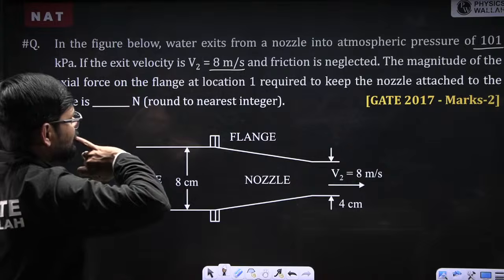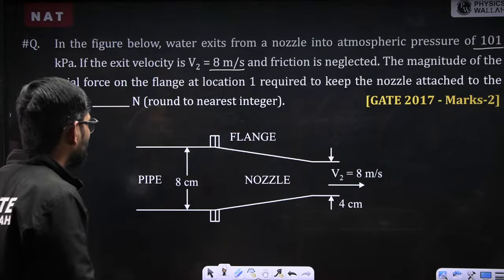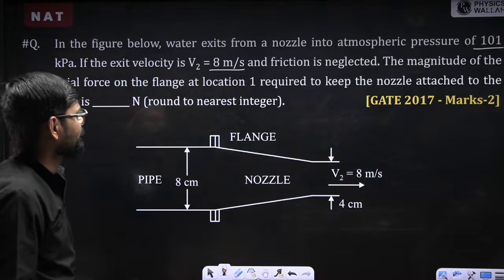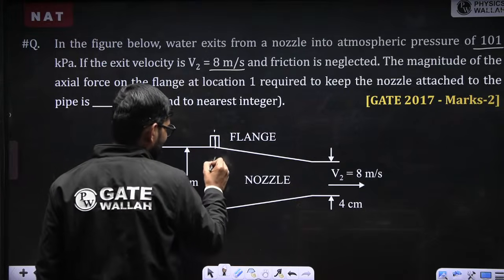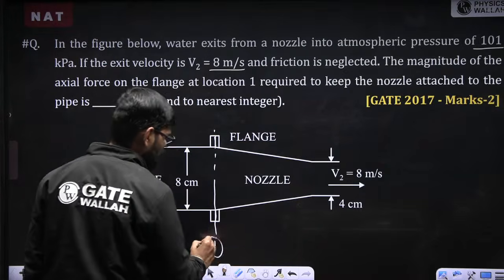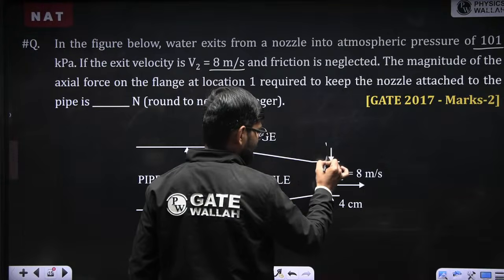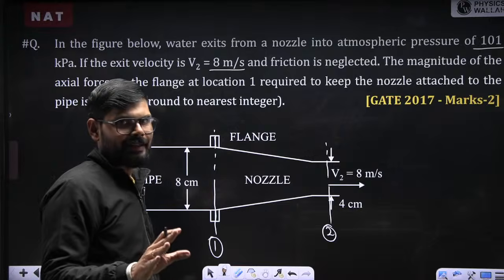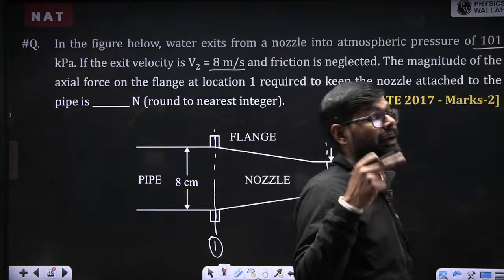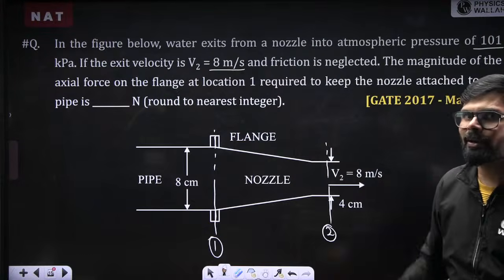Okay, force at the flange. So this I am going to consider section 1, this I am going to consider section 2. If you want to find out force, it means you have to use the linear momentum equation.